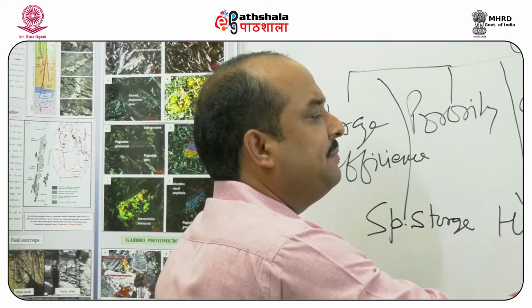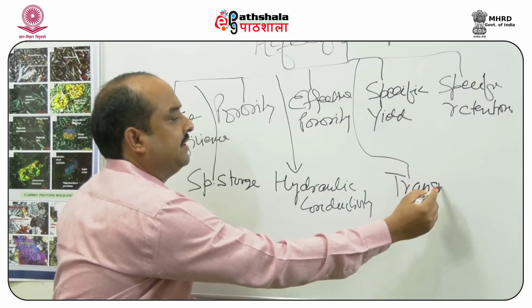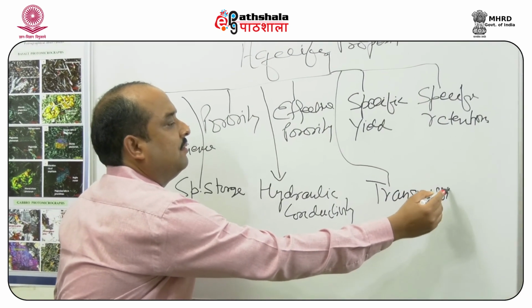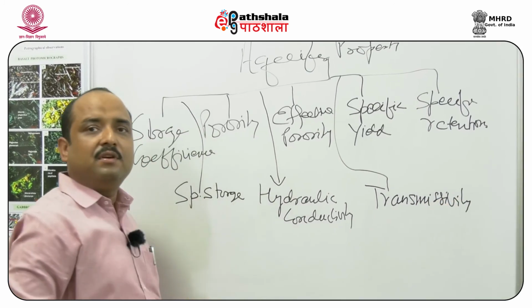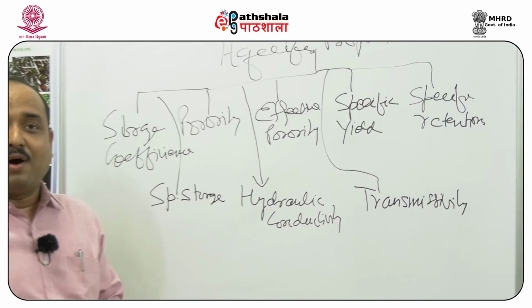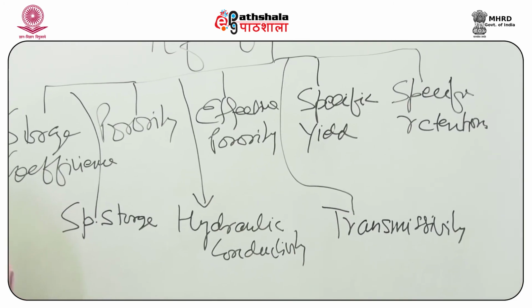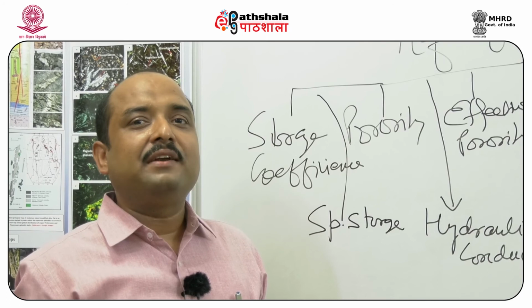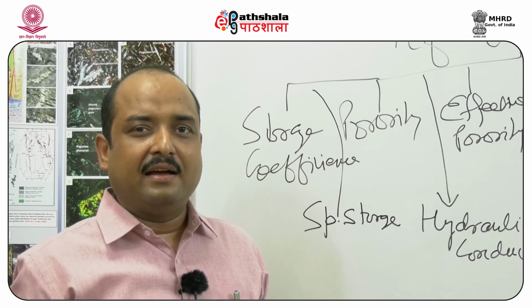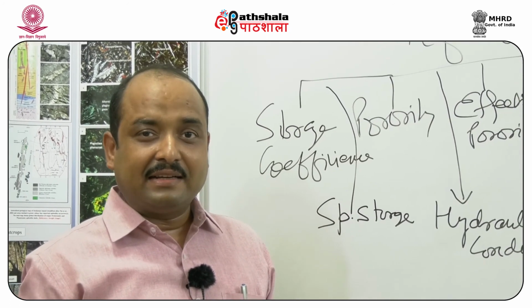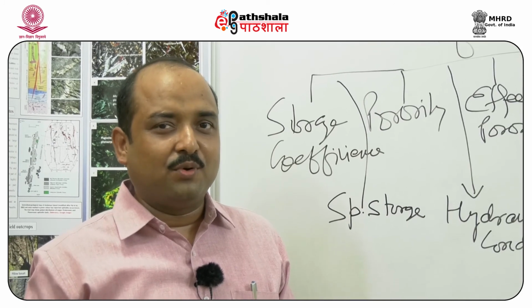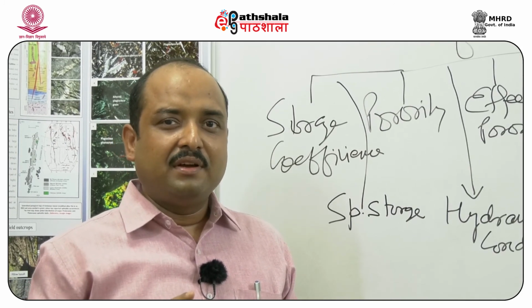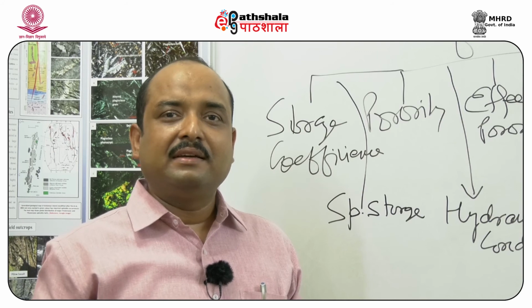Transmissivity is very much related to hydraulic conductivity. Now, it is the volume rate of water transmitted through unit saturated width, not area, and the width at a right angle to the direction of groundwater flow, under influence of given hydraulic gradient.